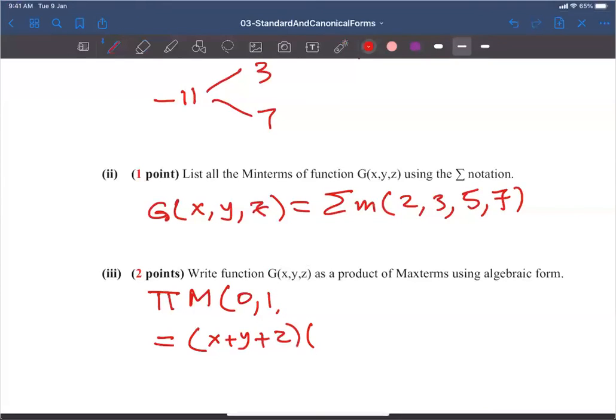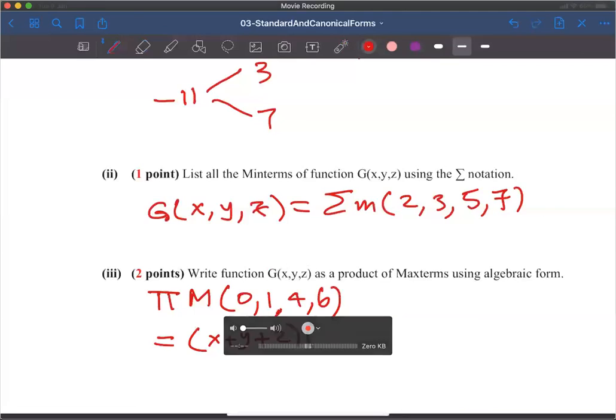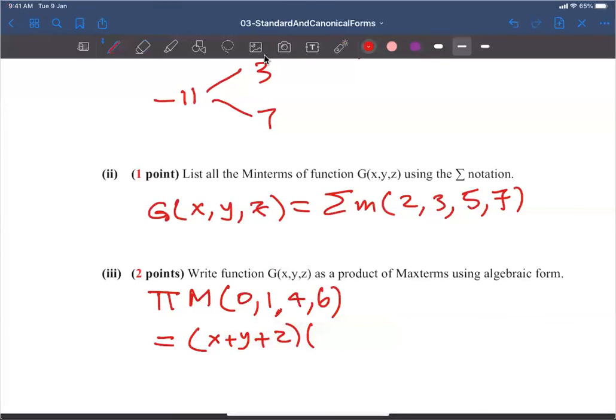So 0, 1, 4, and 6. Whatever indices are missing from here, because we have 8 max terms, minus 4 is 4. We should expect 4 as well.